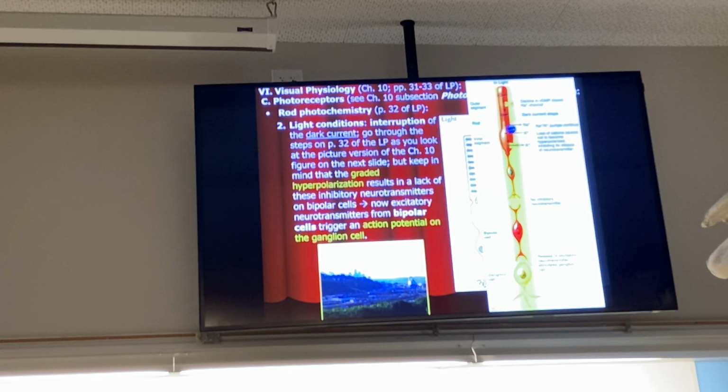When the light comes on, the 11-cis retinal is converted to all-trans retinal, partially separating from scotopsin. This is going to cause the cyclic GMP levels to drop here. That's going to cause the sodium channels to close.